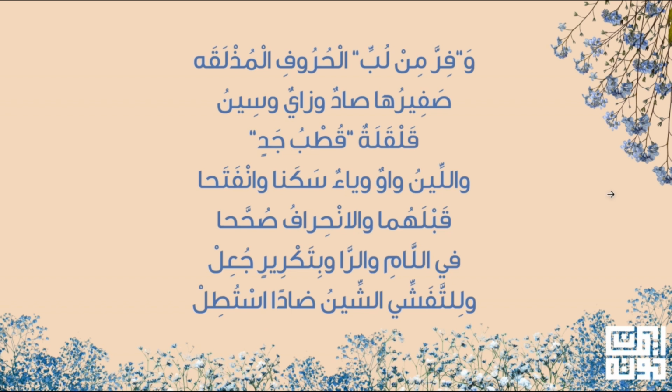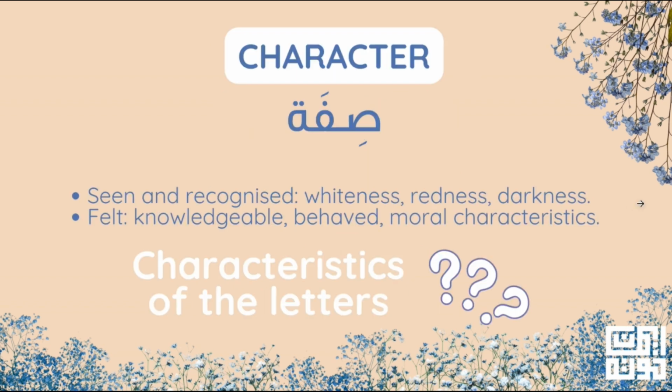These words and definitions and characters are not strange to you because we already mentioned them and studied them. But in this course, we are going to go deeper in our study of the characteristics.